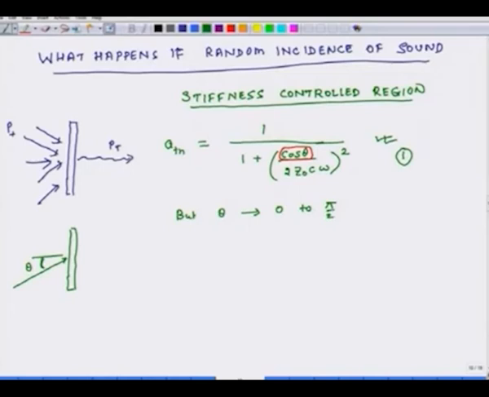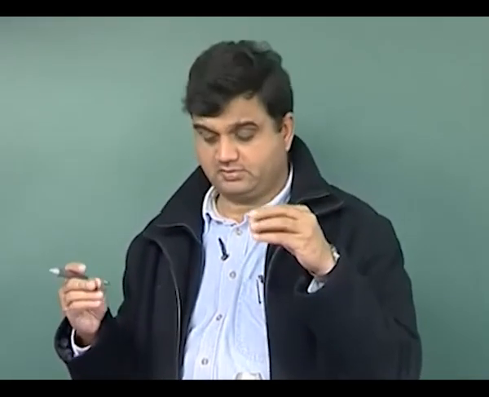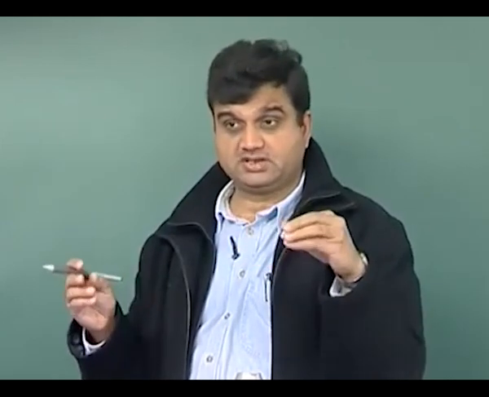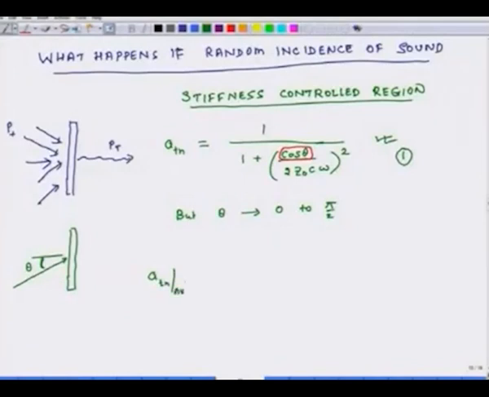Then again, using some well proven relations, I can write that if this wall is getting impinged upon by sound waves of equal intensity in all directions, then my average attenuation is going to be an integral, and this is how it looks. It is the attenuation specific to a particular angle, times cosine theta, times sin theta, times d theta.